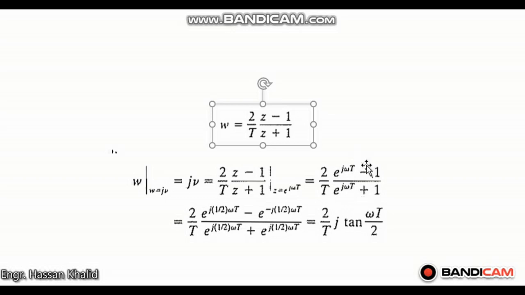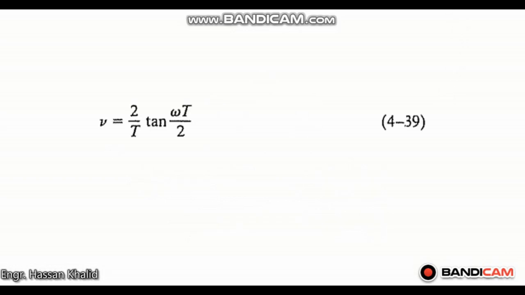Now let's rationalize this function so that we can enclose the whole bilinear transformation into sine or cosine functions, and by simplifying it we obtain 2 by T times j tan of omega T by 2.